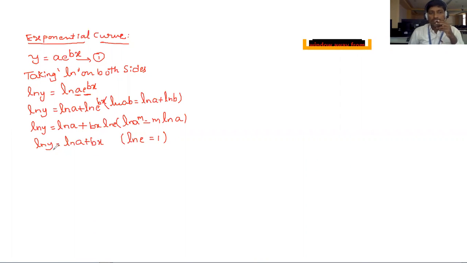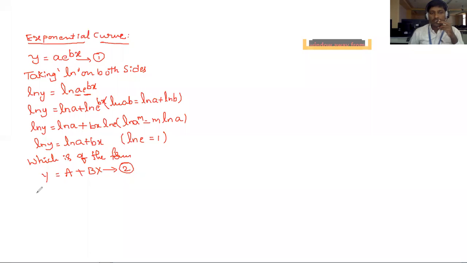So if you observe this, is it in the form of a linear curve or not? It is of the form capital Y is equal to capital A plus capital B capital X, and let it be taken as 2.